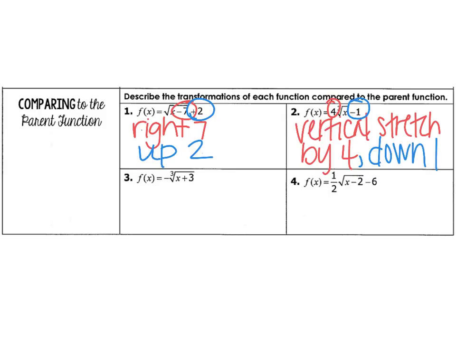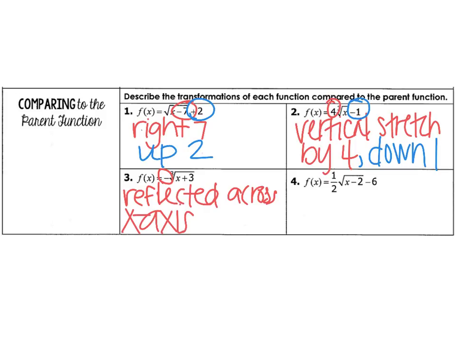Number 3, we're looking at a cube root function. The negative sign on the outside tells us that our graph is going to be reflected across the x-axis. And this positive 3 on the inside of our cube root function tells us that it's going to go to the left 3.